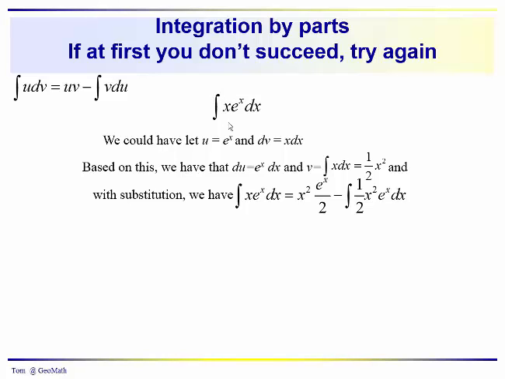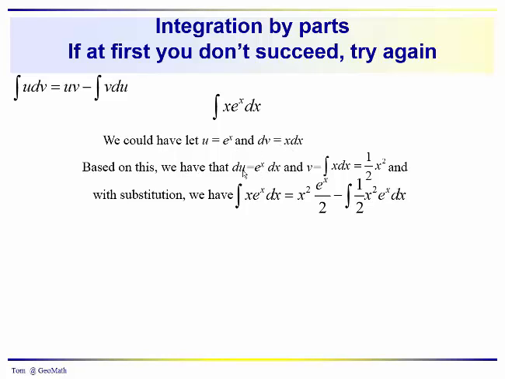So here's another example. This is the same example, but another choice of u and dv. Let's say you had started off and said, okay, I want to let u equal e to the x and dv equal x dx.